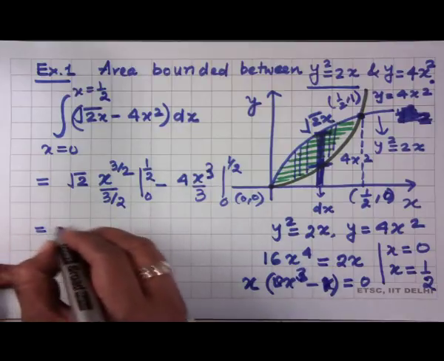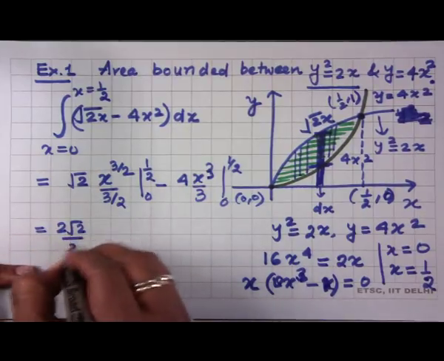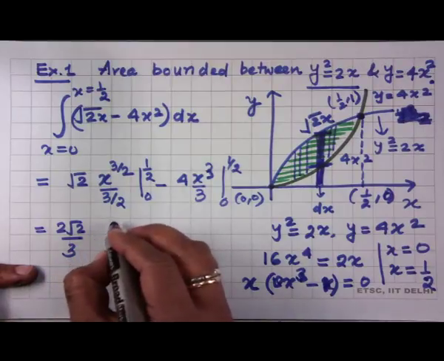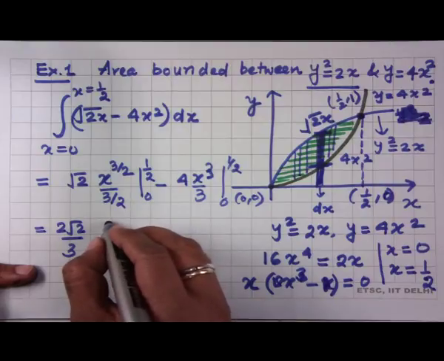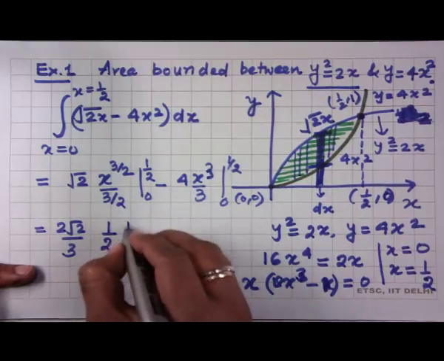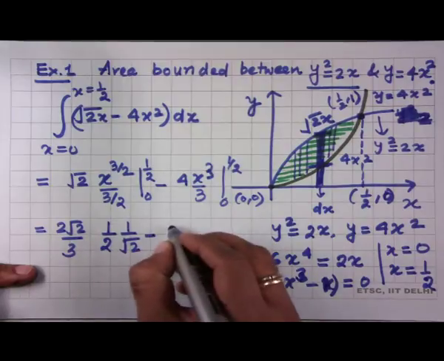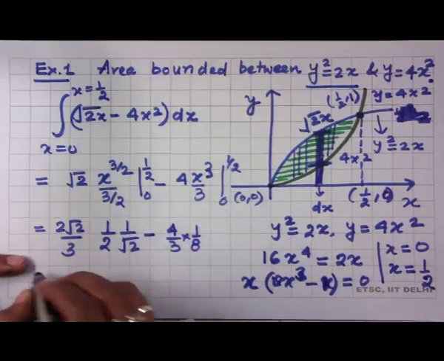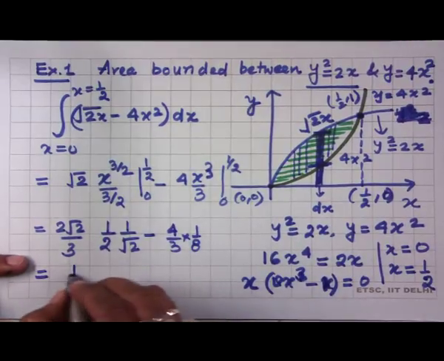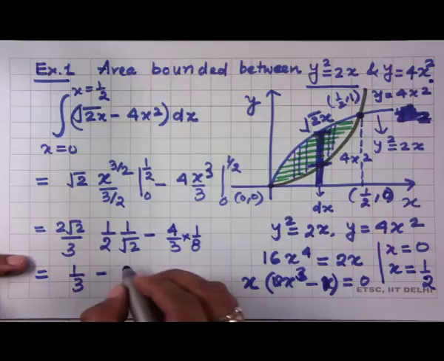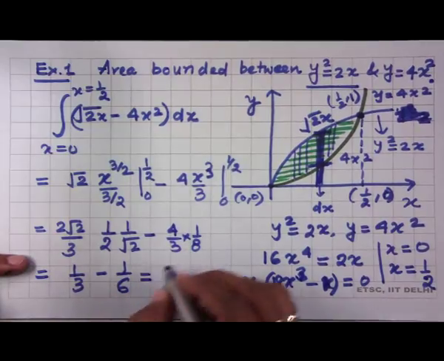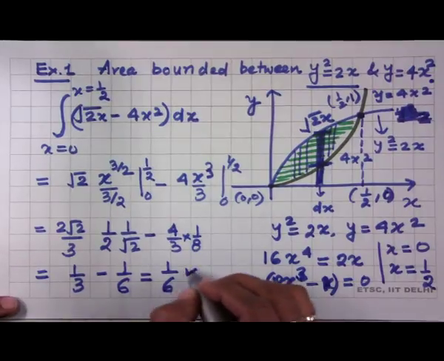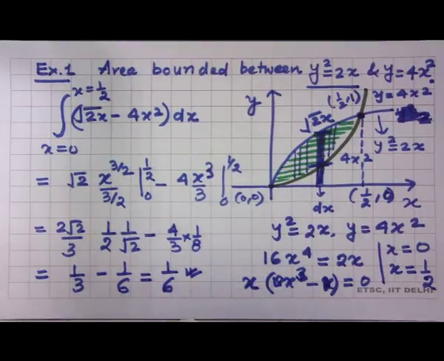So, we get 2 root 2 by 3 into 1 by 2 into 1 by root 2 minus 4 by 3 into 1 by 8, which is equal to 1 by 3 minus 1 by 6, this is equal to 1 by 6. So, required area is 1 by 6.